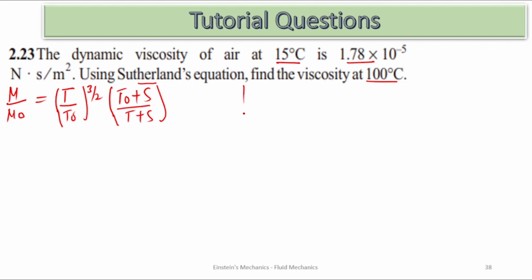So to use this equation, we have to find the viscosity at 100 degrees Celsius. First, let's list the parameters given. So at 15 degrees Celsius, look at the question. The dynamic viscosity, which represents the mu's, T represents the temperature, and S represents the Sutherland's constant. Are we good?